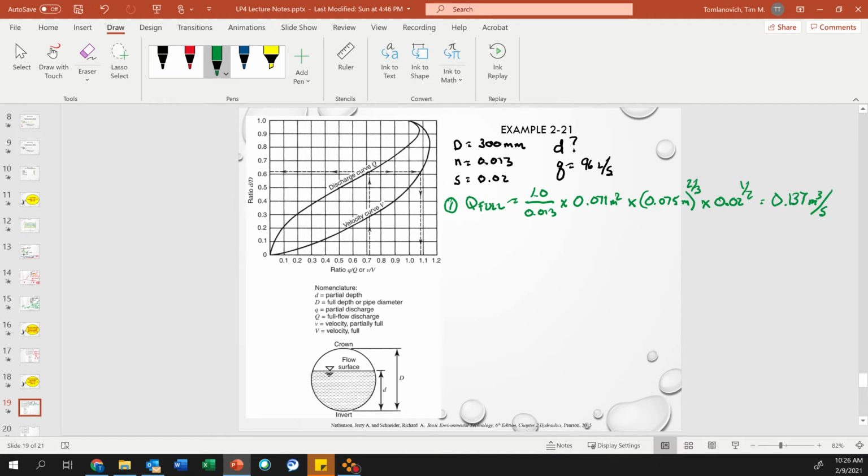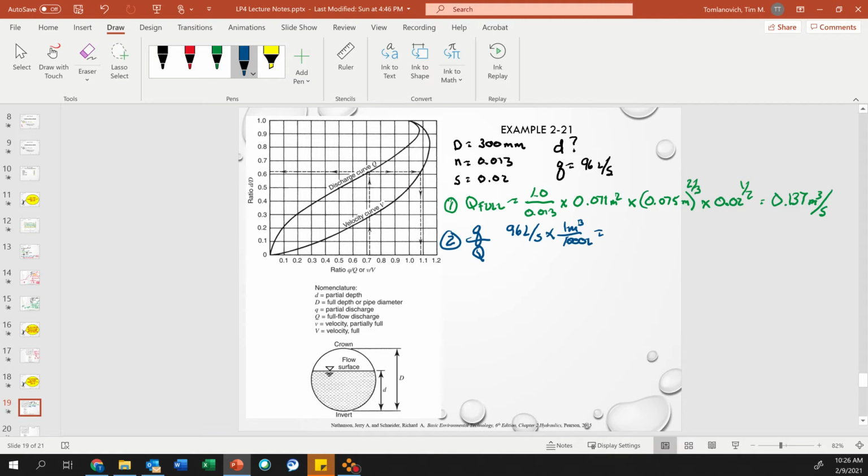So now I can find step 2. Let's calculate the little q over big Q ratio. So we know it is 96 liters per second times 1 cubic meter equals 1,000 liters. Remember, we got to be in the same units. So 96 divided by 1,000.